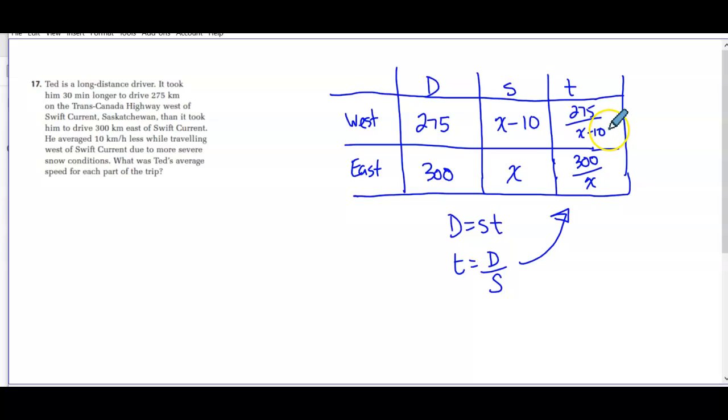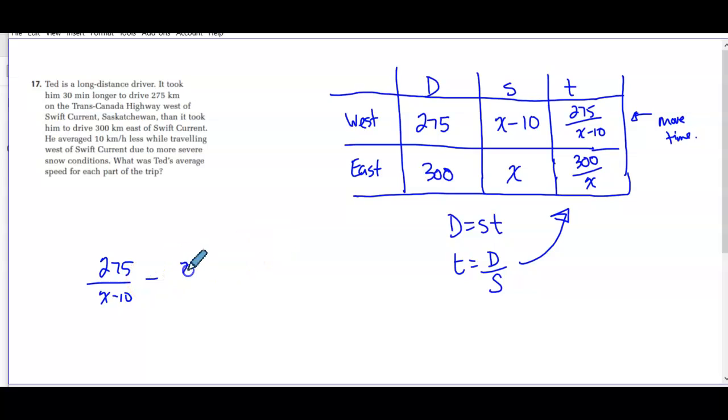Okay, so because he was going a slower speed, this is going to be more time, right? So that's going to help us come up with our equation. So this is a bigger number, okay, that 275 over x minus 10.